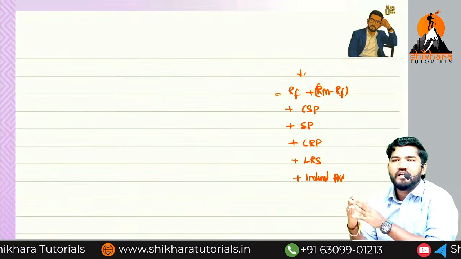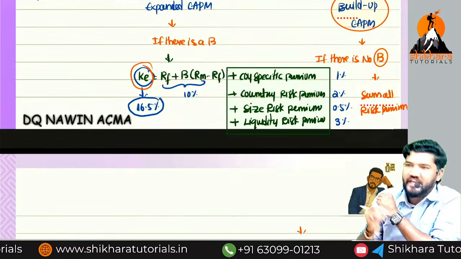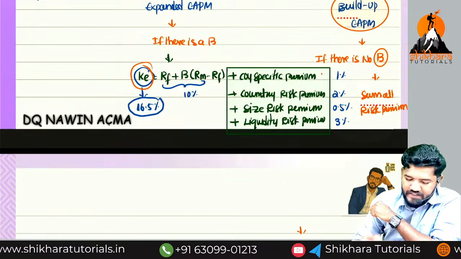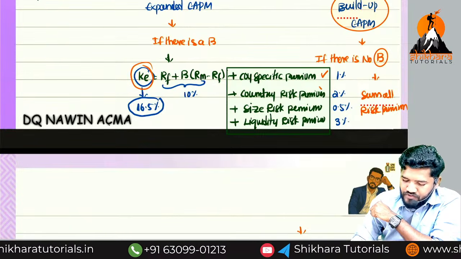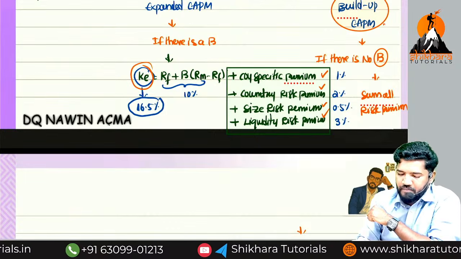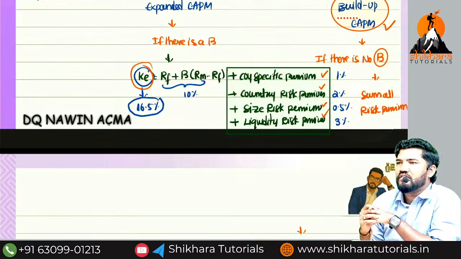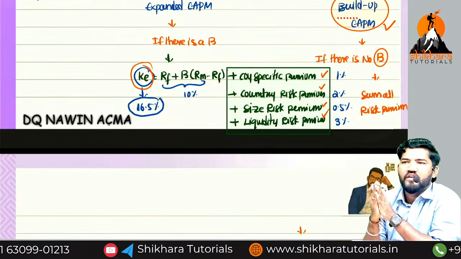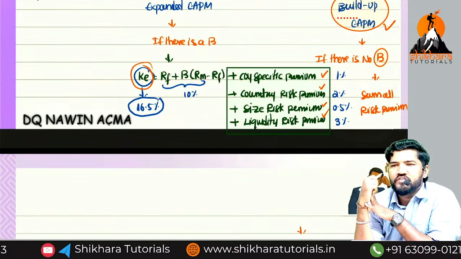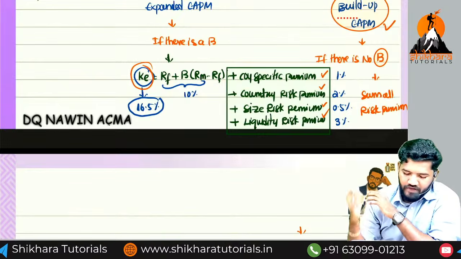But we are not considering this industry risk premium in the realistic calculation. In expanded CAPM, we are using only these 4 elements. But when it comes to build up CAPM, we are using all premiums. Clear? That is a new concept provided in our SPM and BV material. So based on that, they created one problem also. Are you okay? Then fine.